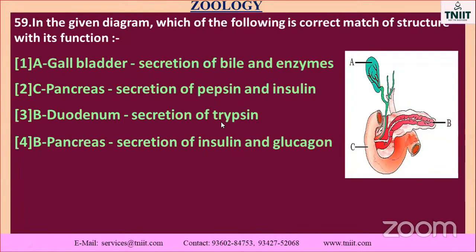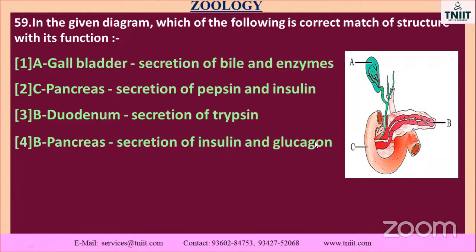In the given diagram, which of the following is the correct match of the structure with its function? See that A is gallbladder, secretion of bile and enzymes. And then C, what about C? C is a pancreas.